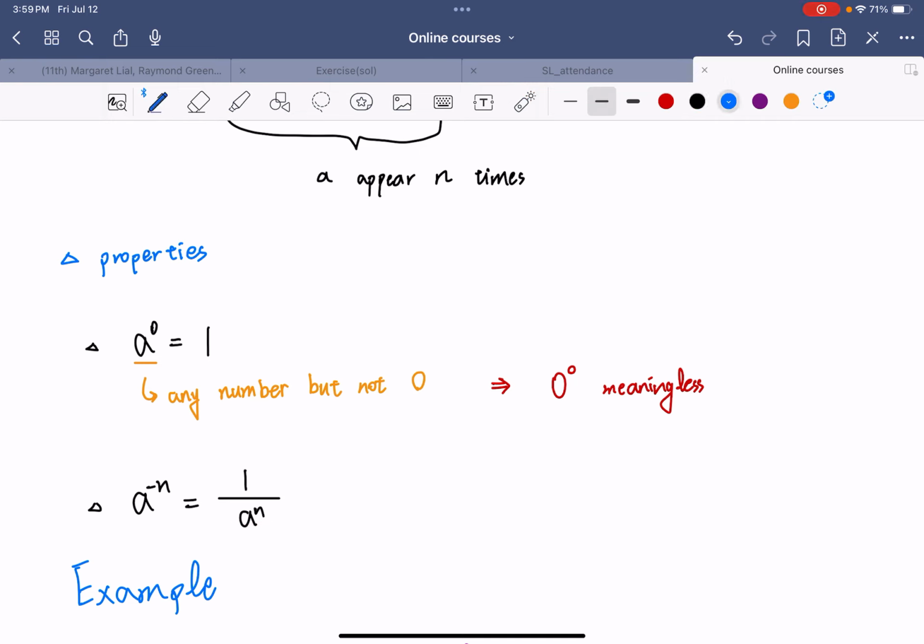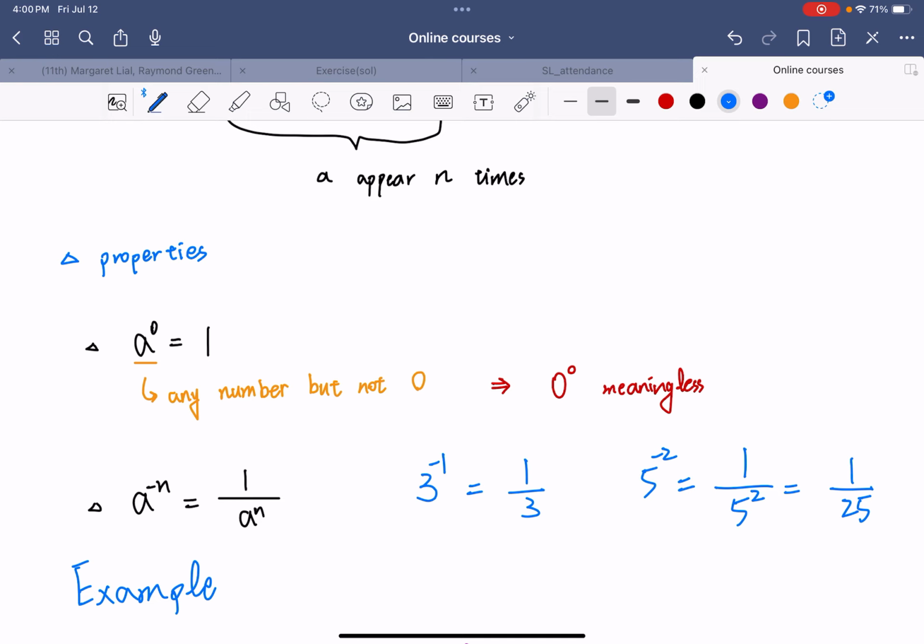Let's give an example. 3 with -1 as its exponent will become 1/3. 5 with -2 as its exponent, we get 1/5 squared, and this will be 1/25.